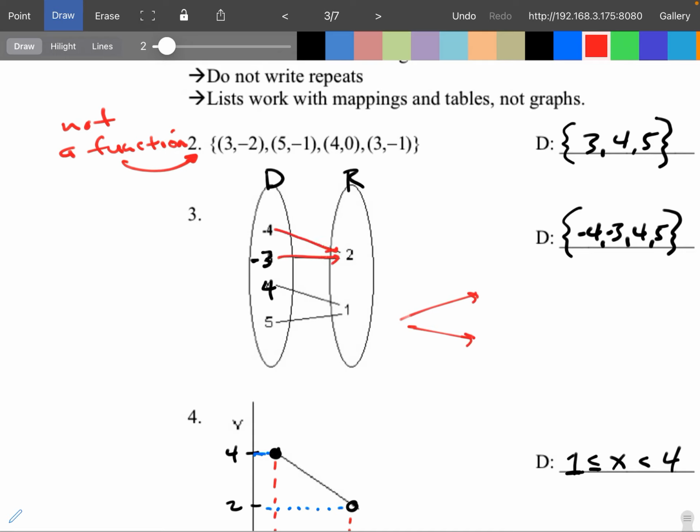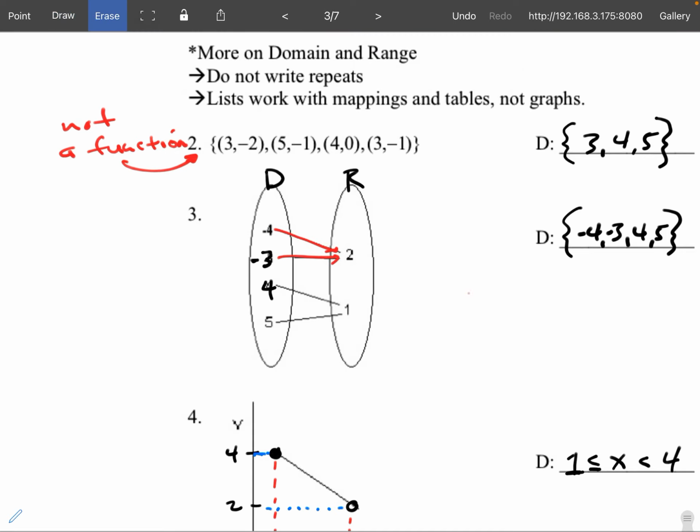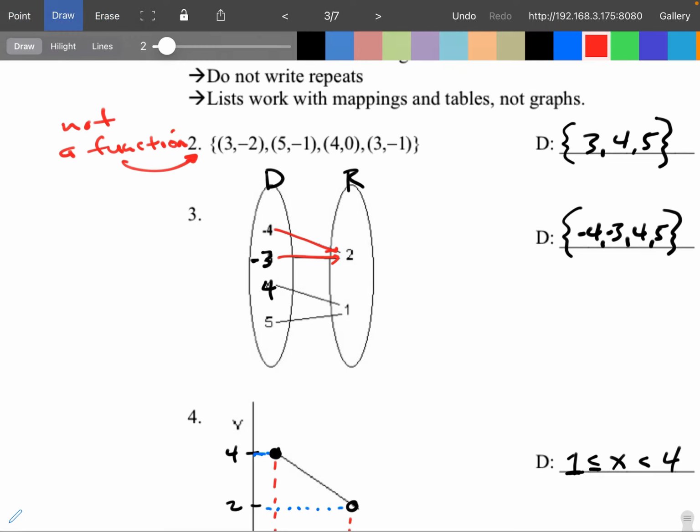No. So if you're doing the mapping and you see it split this way, then you know it's not a function. If you see it go this way, it's okay. So this number 3, yes, it's a function. So you're going to write it's a function.